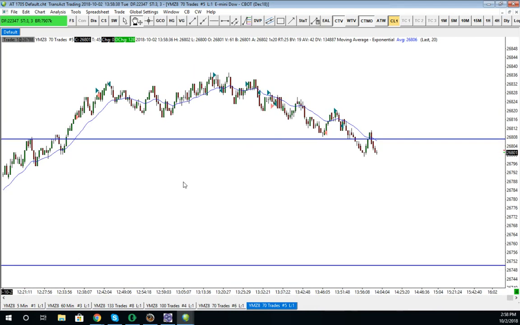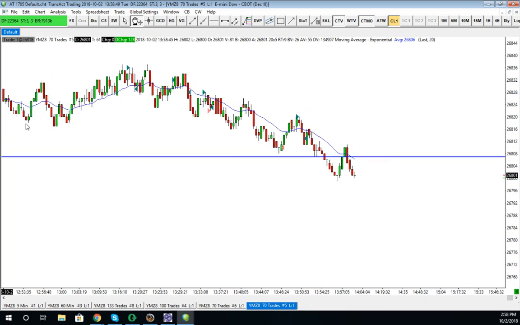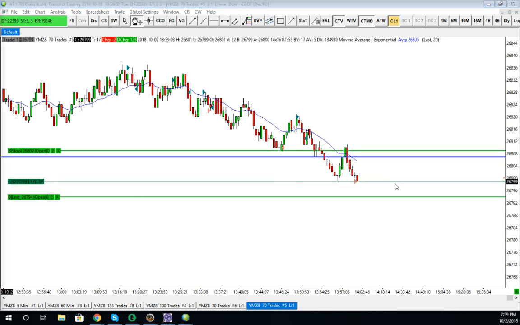Let's see. You have a doji here, and it's breaking. I think we'll go short and try to make it a quick one.